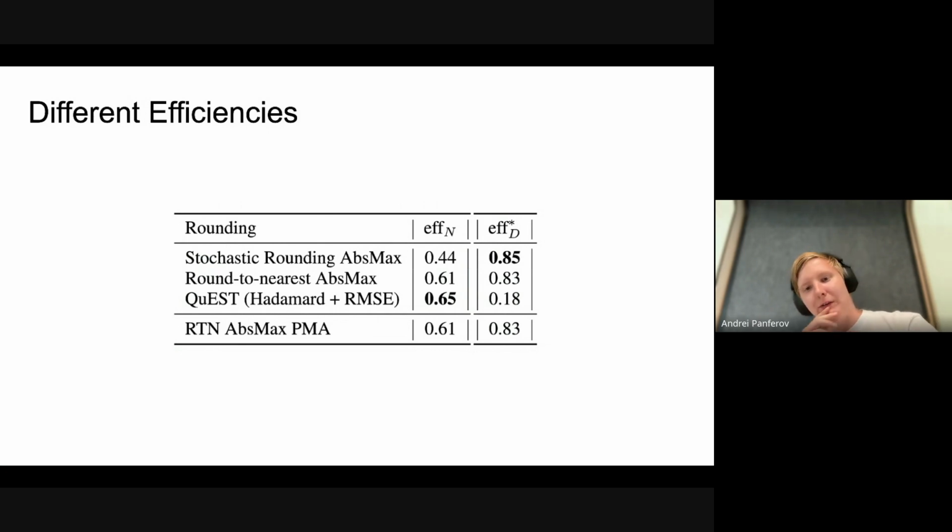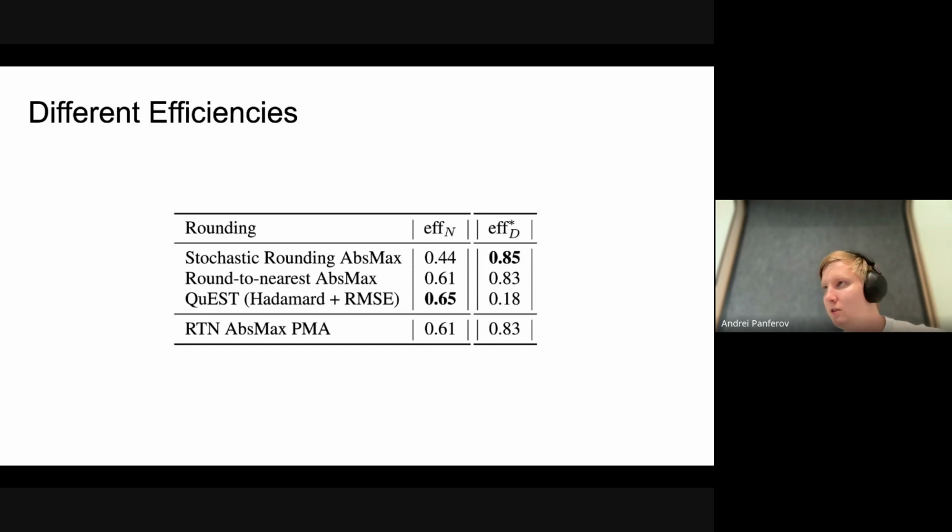Fitting the scaling laws for those methods, we see that the efficiency multiplier for parameter count in the forward pass is the highest for Quest, a method which was initially designed for the forward pass. However, it performs terribly for backward pass quantization, for reasons that I'll discuss a little later. And the stochastic rounding with EPS-max performs the best for the backward pass. As such, from this we conclude that different quantization schemes should be picked for forward and backward pass.